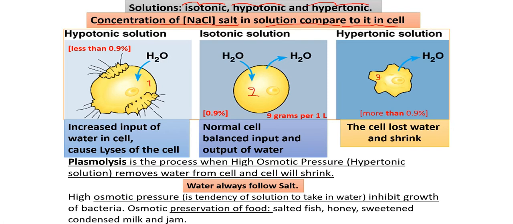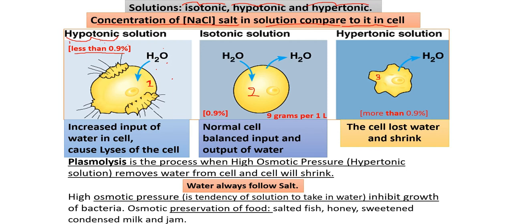If we put one cell, cell number 1, in some water solution that has a little bit of salt, and the concentration of the salt is less than 0.9, in this case the solution which surrounds the cell is called hypotonic.